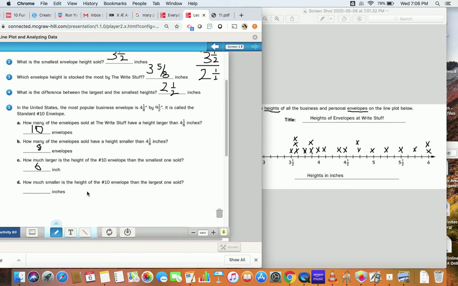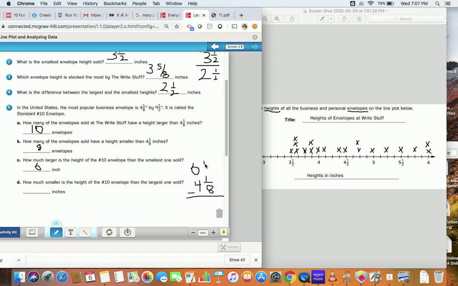And how much smaller is the height of the number 10 envelope than the largest one sold? So the largest one that we have is a 6, and what they had was a 4 1/8. So 6, let's see. Okay, so 6 minus 4 1/8. I read that again to make sure I was reading it correctly.